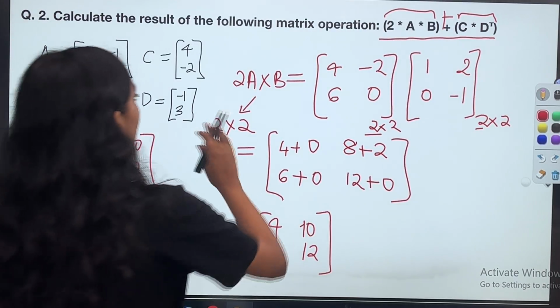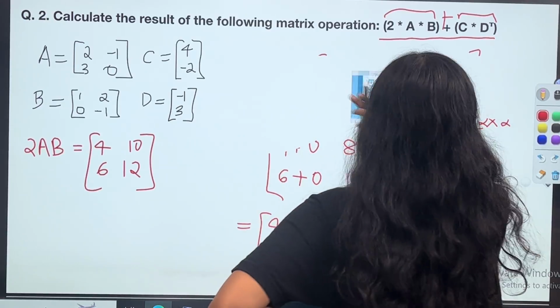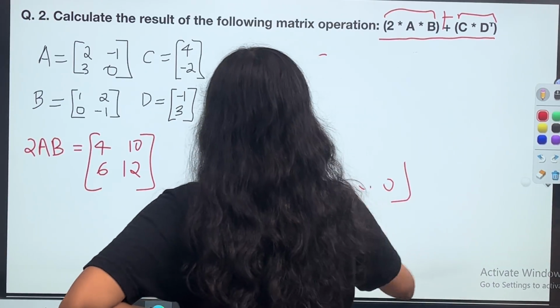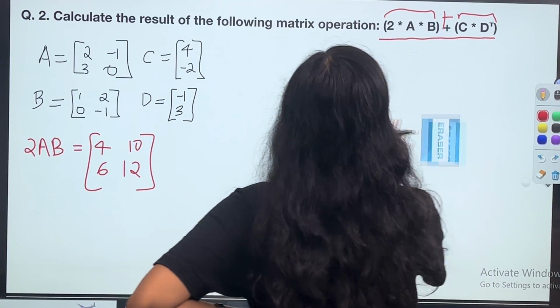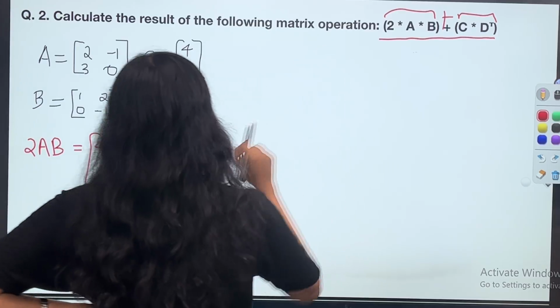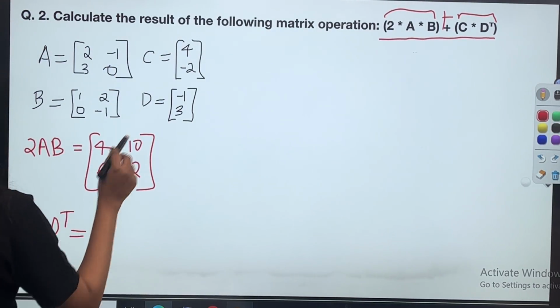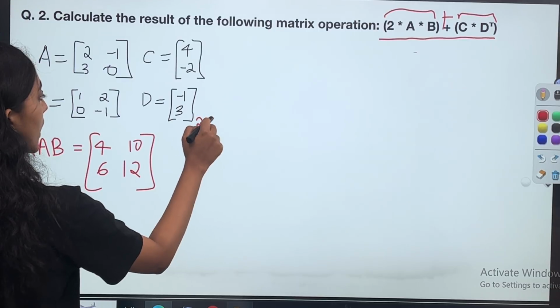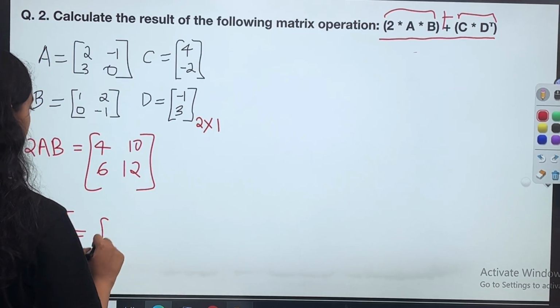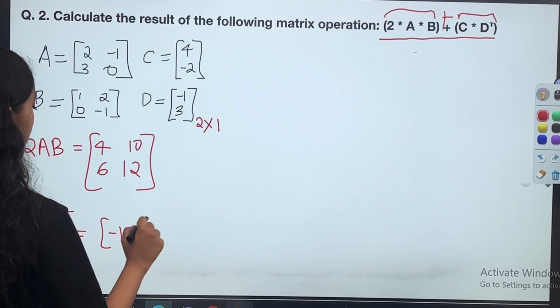Okay. Now let us go to the second part of the question. What does the second part of the question say? You have to do C into D transpose. First of all, let us see what D transpose is. D transpose will be nothing but, you have D which is 2 into 1, so it will become 1 into 2, which is minus 1, comma, minus 1, 3.